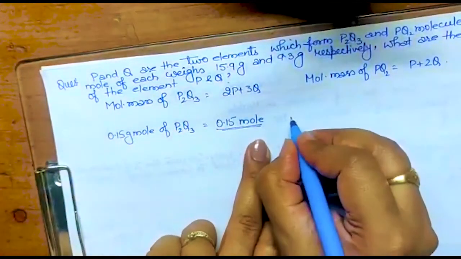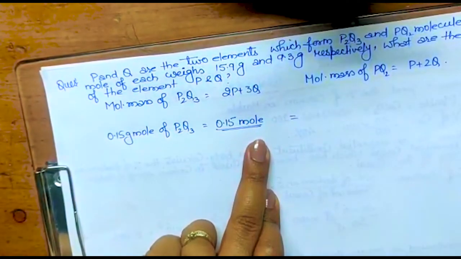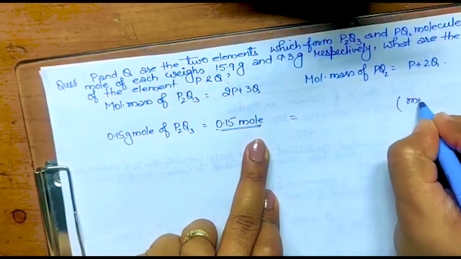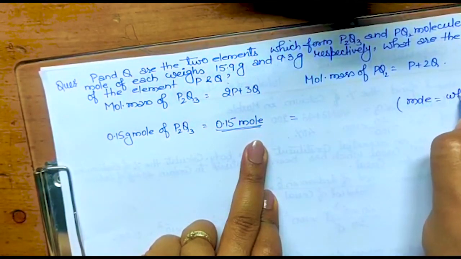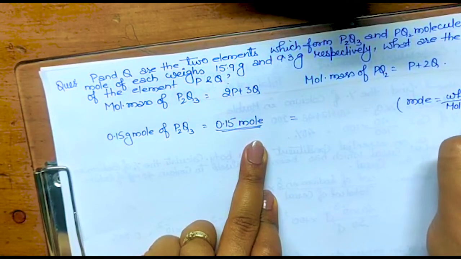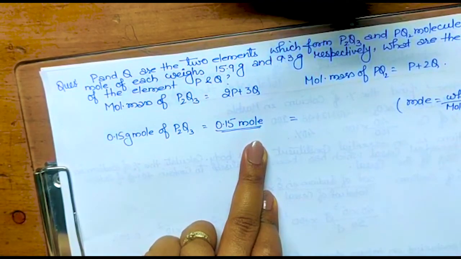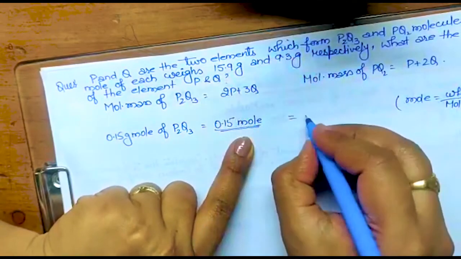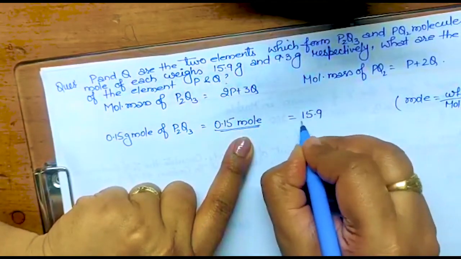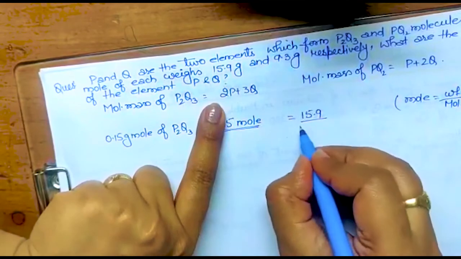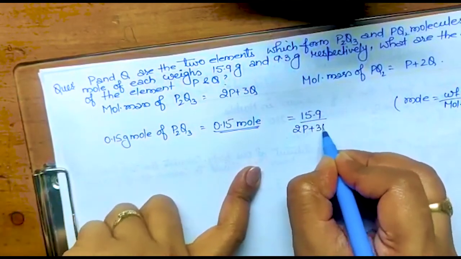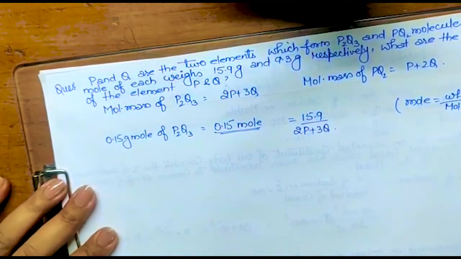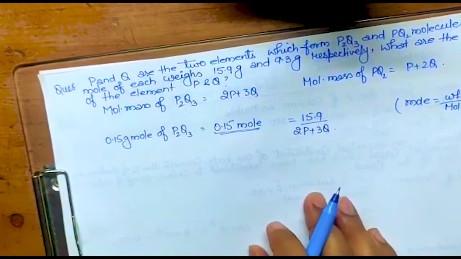So we know the formula: mole is equal to weight upon molecular mass, isn't it? So we can write weight, which is given as 15.9, and molecular mass is 2P plus 3Q, isn't it? Okay, so solve it, what will it be.